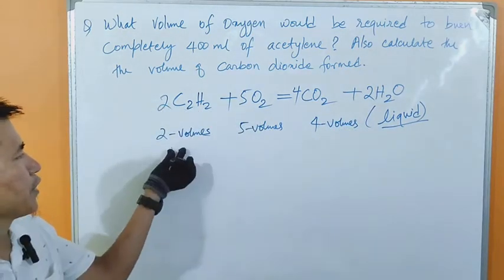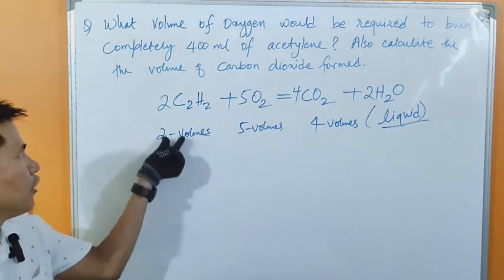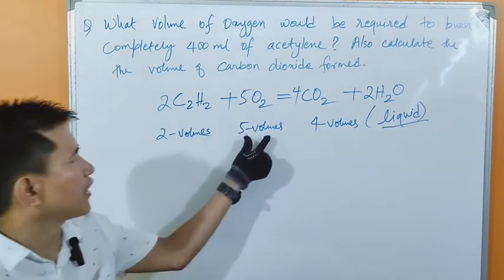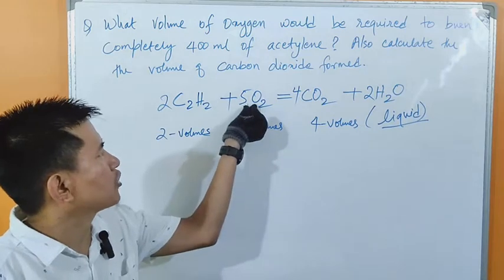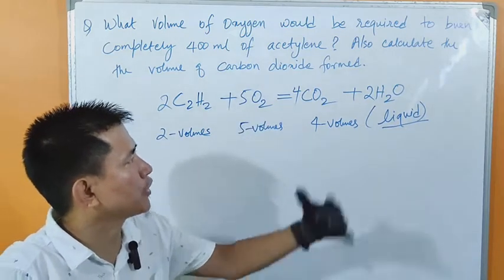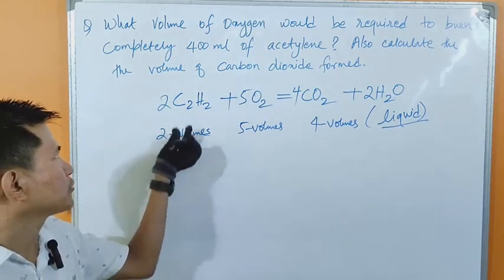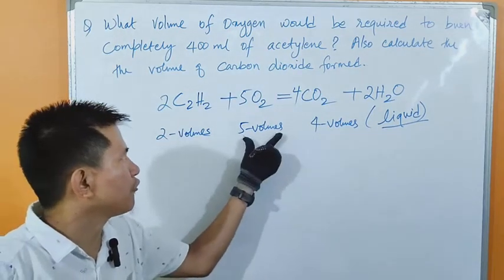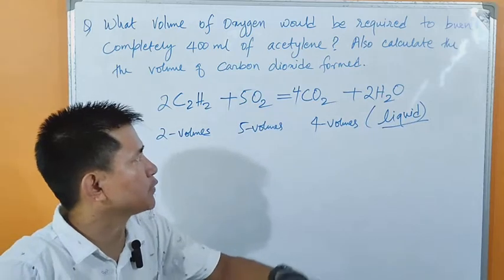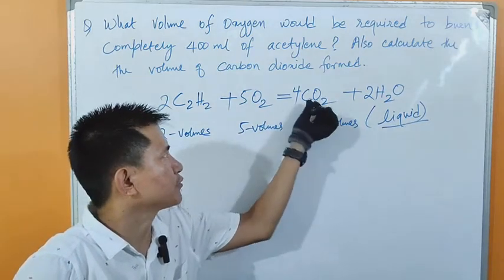See here, forget about water. 2 volumes of acetylene requires 5 volumes of oxygen for complete combustion to produce 4 volumes of carbon dioxide.